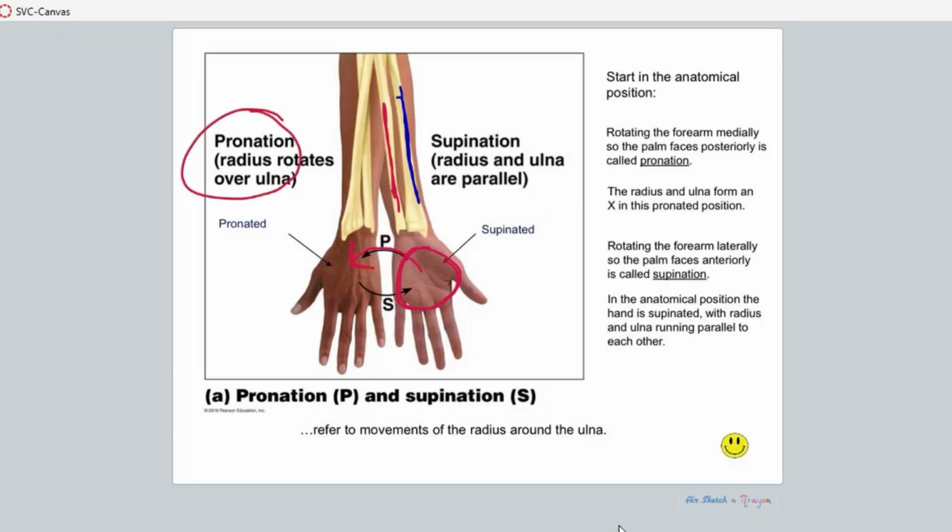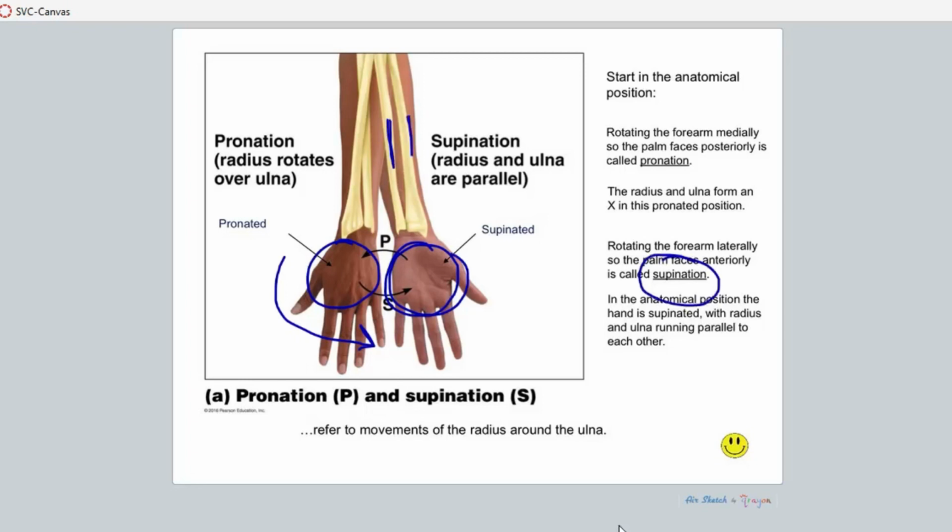What happens in that case is the radius forms an X over the ulna. And then if you move it back, if you go from the palm facing backwards to the palm facing forward, that's called supination. And then those bones are parallel again.